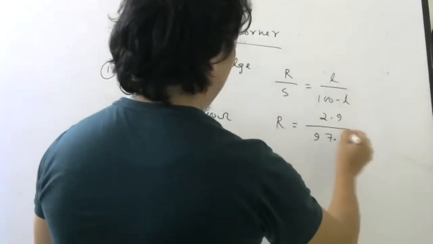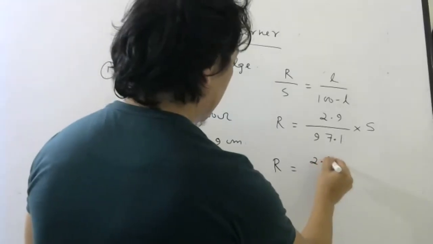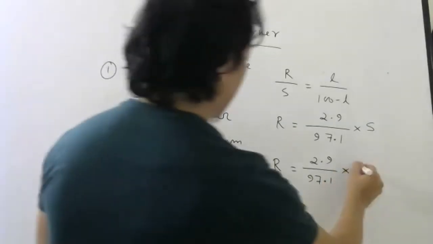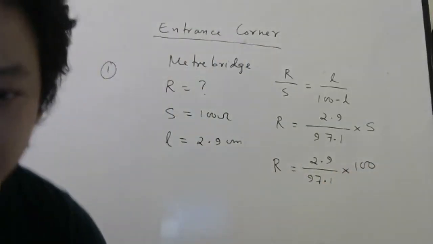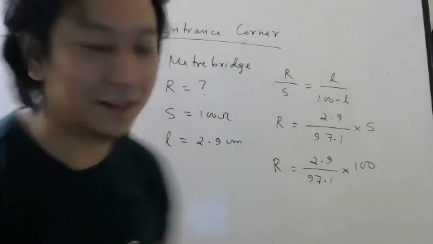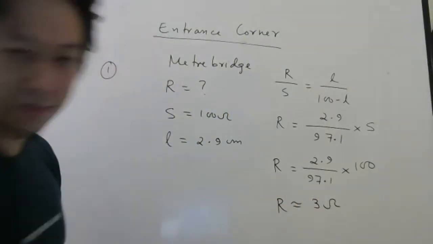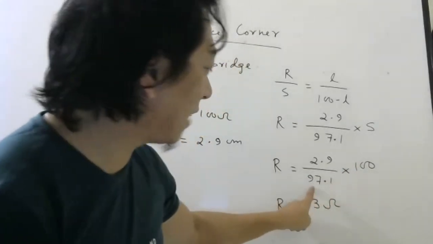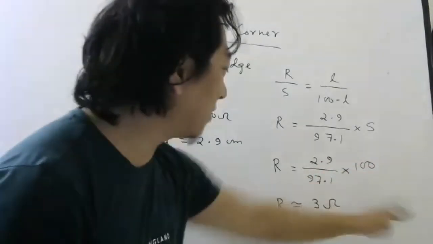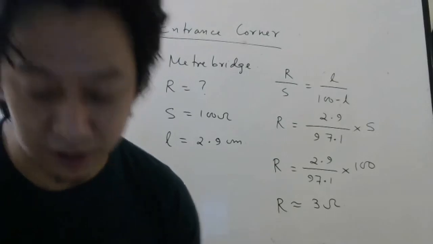Cross multiply with S. This will be 2.9 by 97.1 into S, which is given 100. Okay, so now you can feel it. Students, don't waste your time calculating for entrance exam. You can feel that this is approximately 3. Yes or no? 100 divided by 97.1 will be more than 1, 1 point something, into 2.9 will be 3 something. So approximately 3 is the unknown resistance.